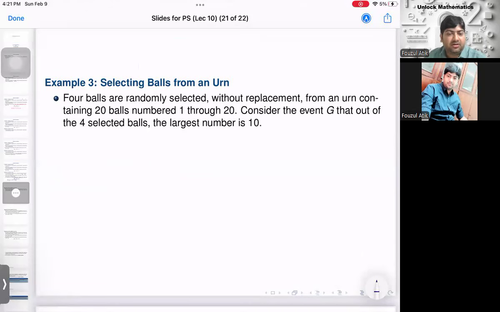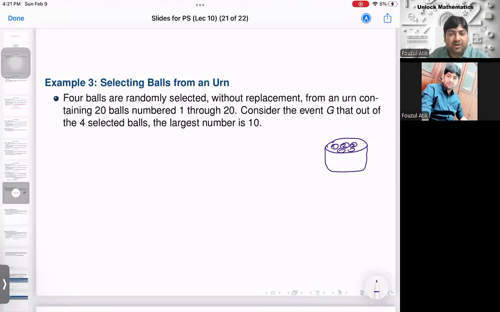Selecting balls from an urn. 4 balls are randomly selected without replacement from an urn containing 20 balls numbered 1 to 20. So you have an urn, correct? Where you have 20 balls.